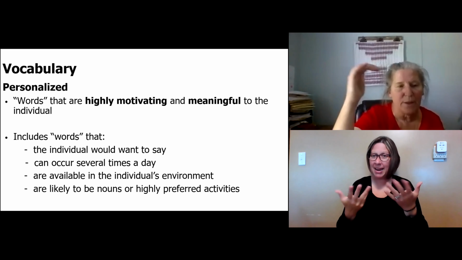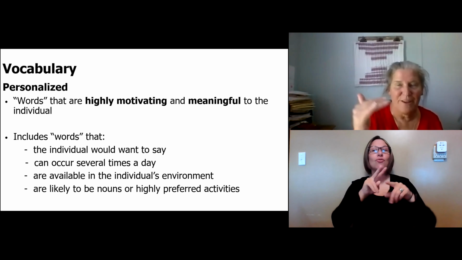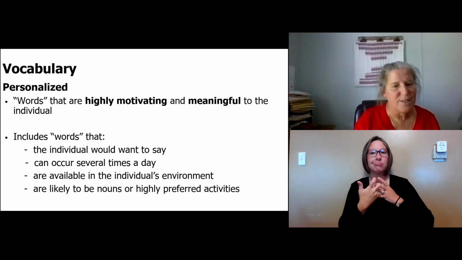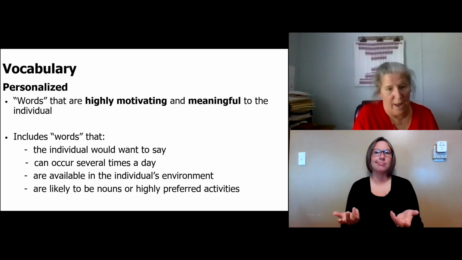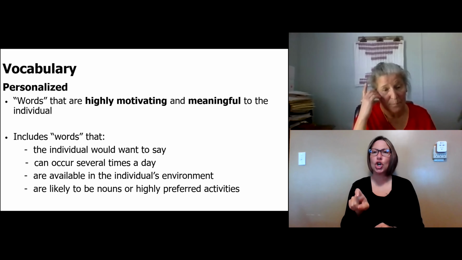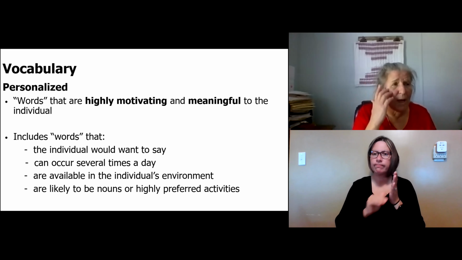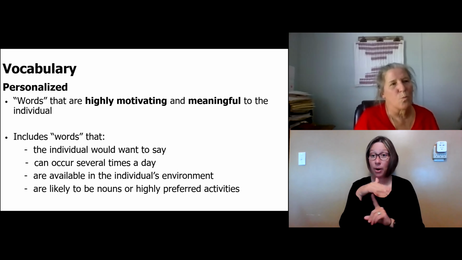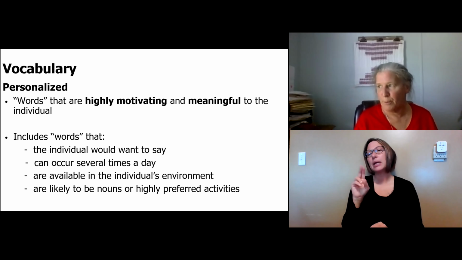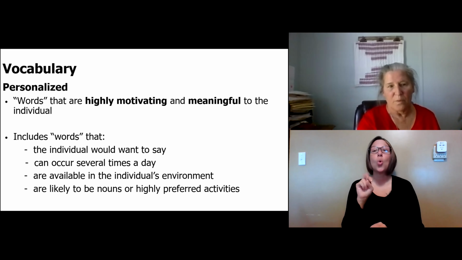And so that vocabulary should fit in and be embedded into those activities. So it should be able to happen several times during a day. And they're available in their environment, and they're likely to be nouns or really highly preferred activities.